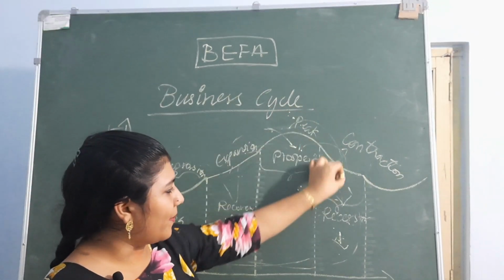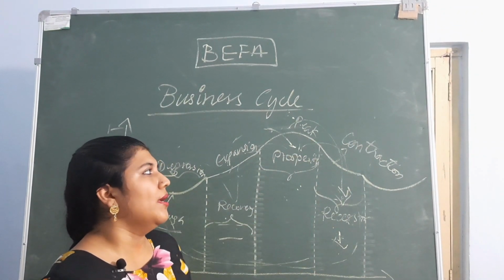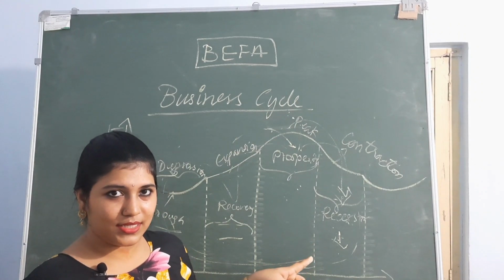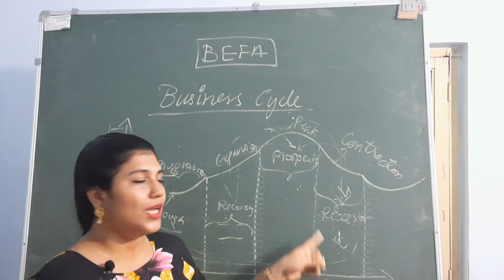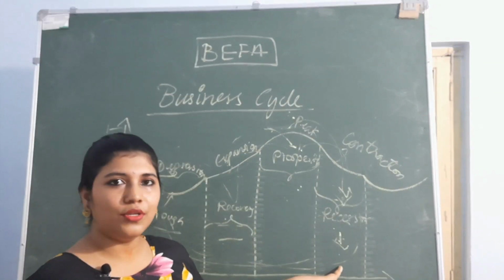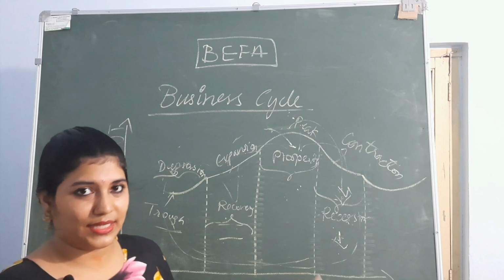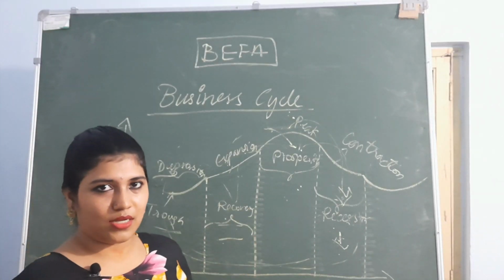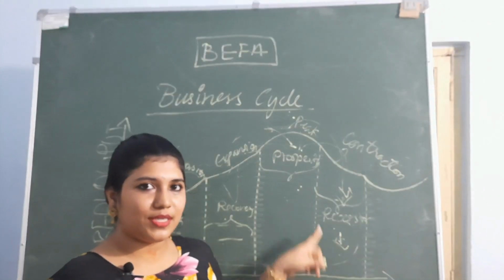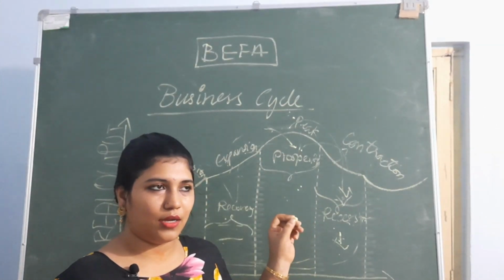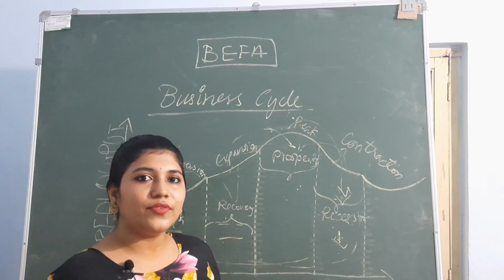Then again you will come into the recession stage, where because prices rise, the purchasing power will obviously decrease, and then it will fall down. Because the purchasing power is decreased and inputs are also decreased, everything comes down. It is also a loss for the producers, because they have to bear all those costs for production, for the factors of production, and even for the workers.